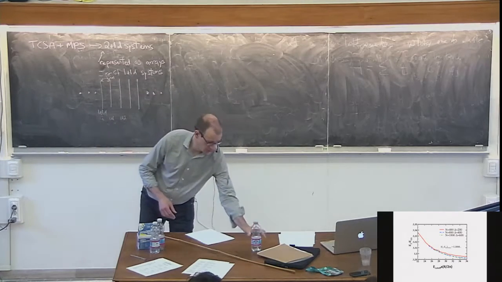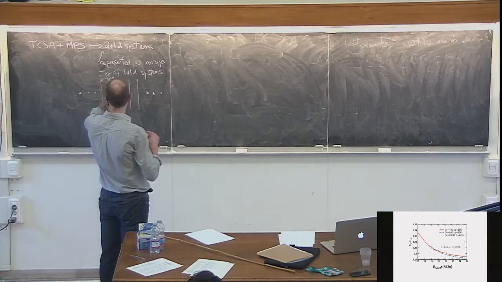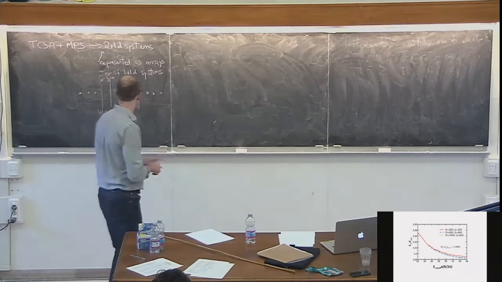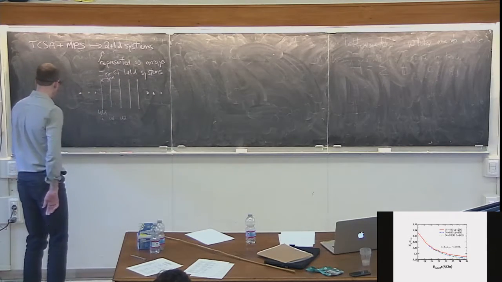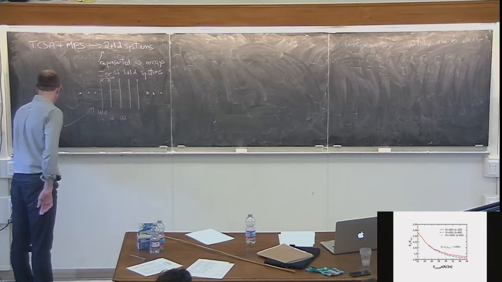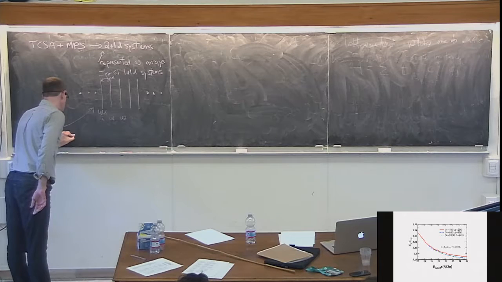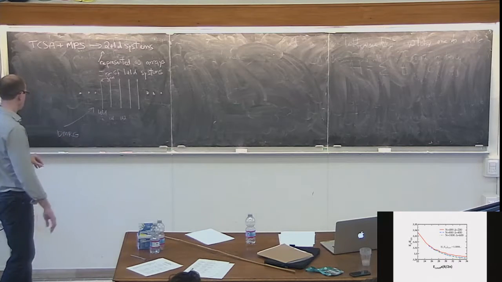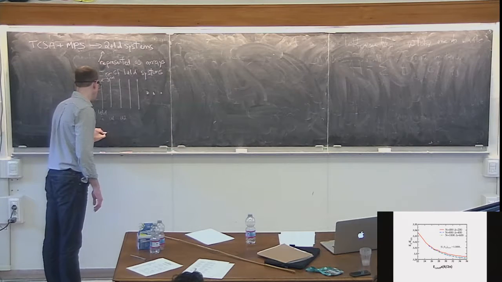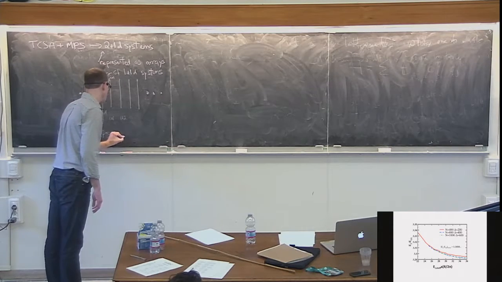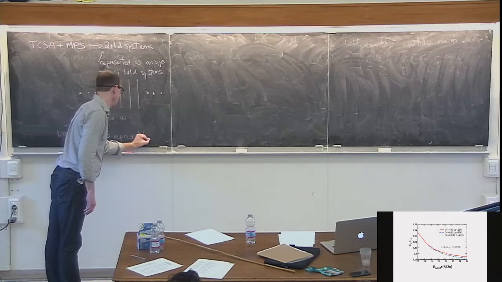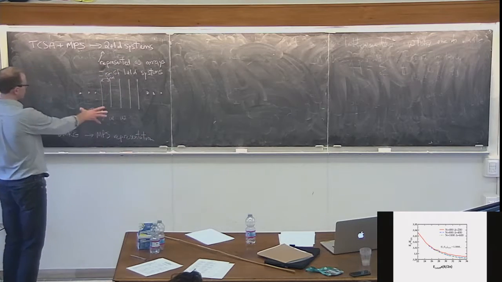Now, the way we do this is to treat this system using DMRG. And so that means we have some matrix product state representation of this array of chains.